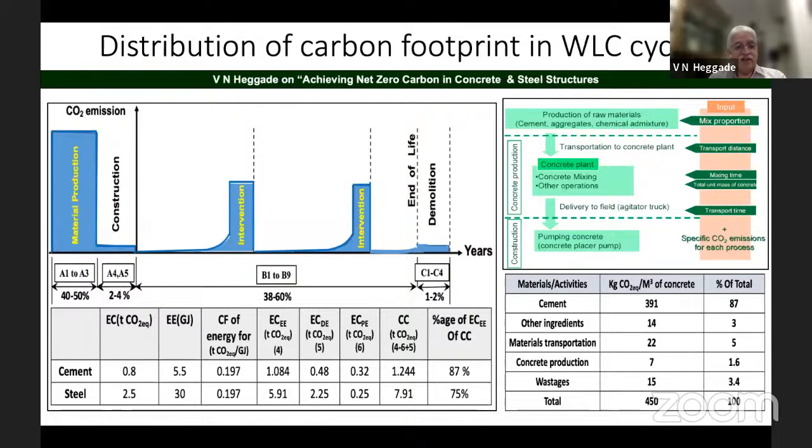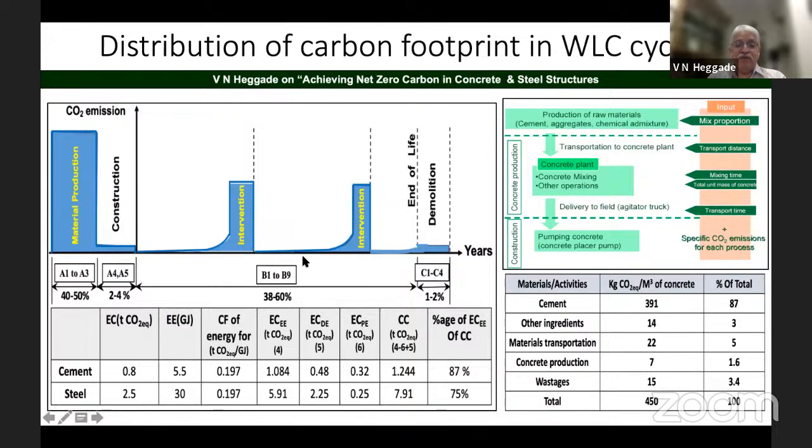Even in the later stages, if intervention is required by way of repairs, rehabilitation and maintenance, you may have to replace the overlay or do some repair work. All this is where steel or cement is consumed.